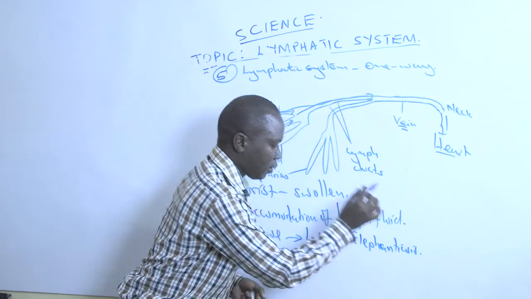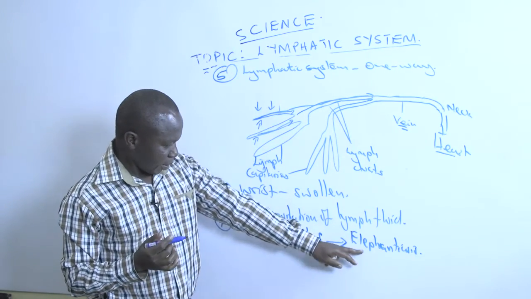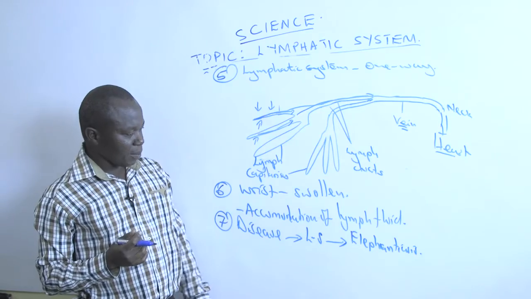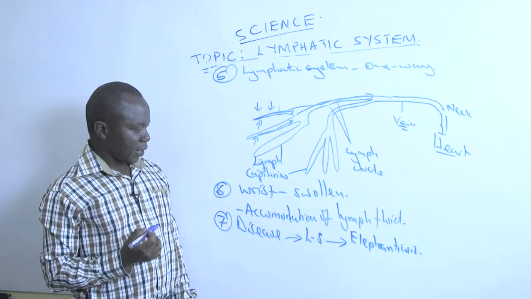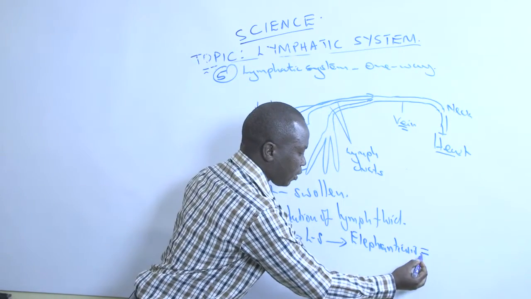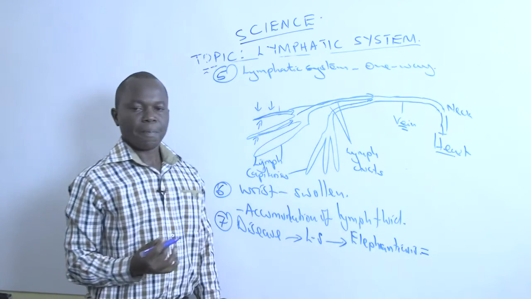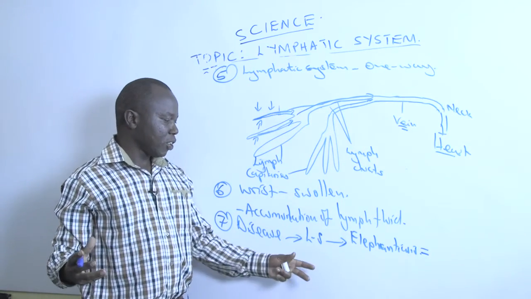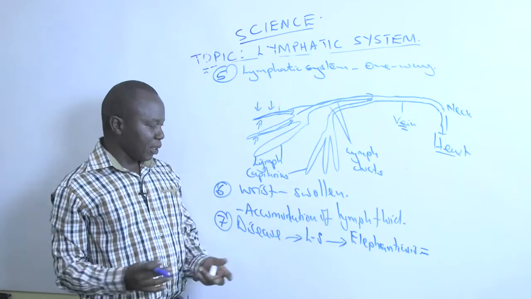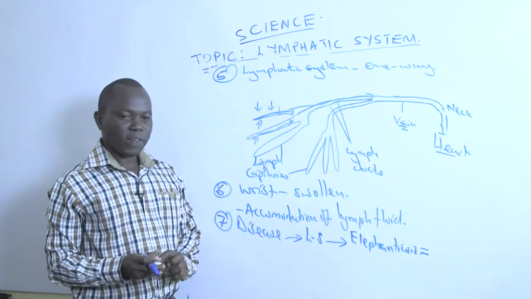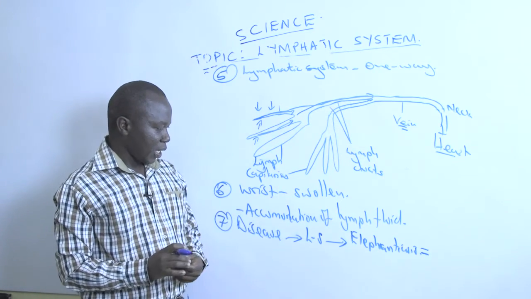You can see the word comes from an animal called elephant. In this condition, the lower limbs usually swell and can reach approximately the size of those of an elephant. That's why it's called elephantiasis.